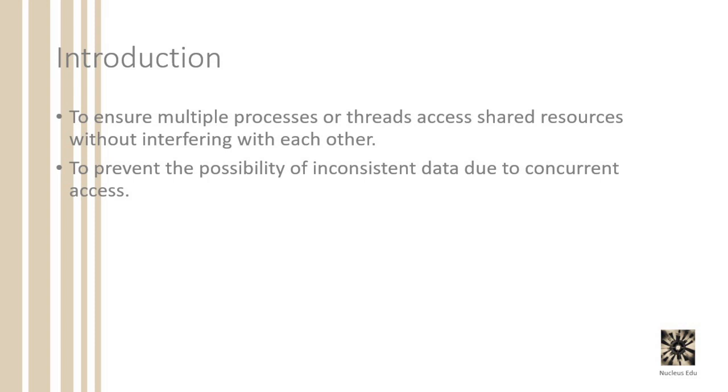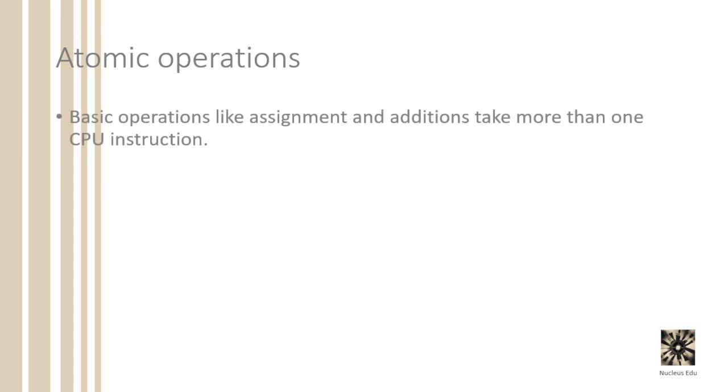It is a pretty known concept, so I'm not going to delve into the introduction and the basics a lot. Let's jump right into atomic operations. Right, so in a multiprocessor system, there are cases when resources are being shared between processes.